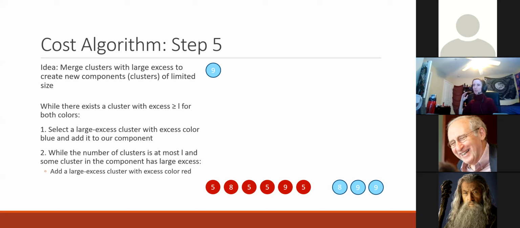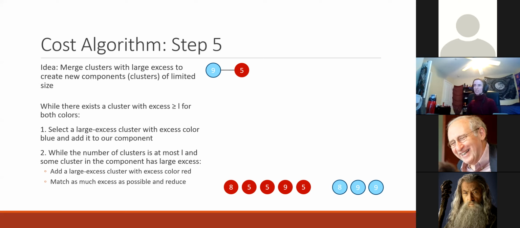So what we're going to do is add a cluster to our component that has large excess and is red. In our running example, we're going to take this 5 excess red cluster and add it to our component. And we're going to try to match as much of the excess as possible between these 2 clusters. For instance, we could take 5 red points from the right cluster and 5 blue points from the left cluster and match them together.